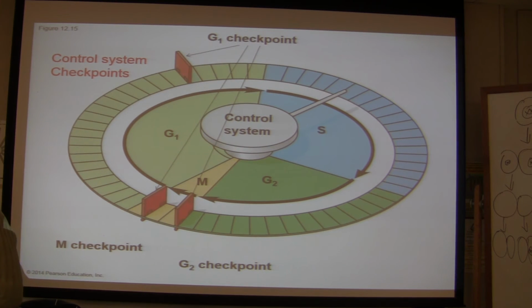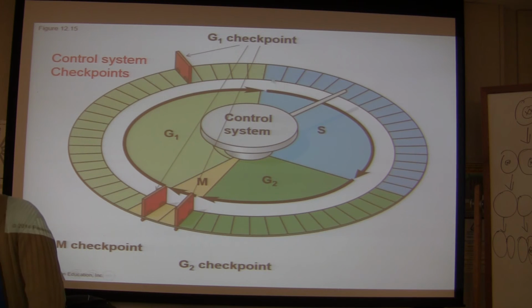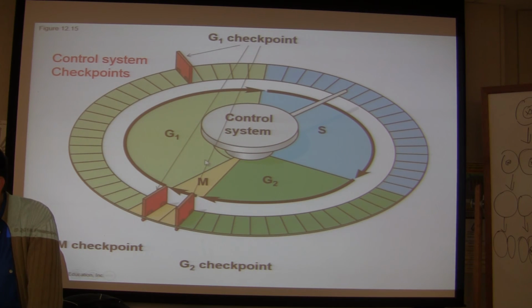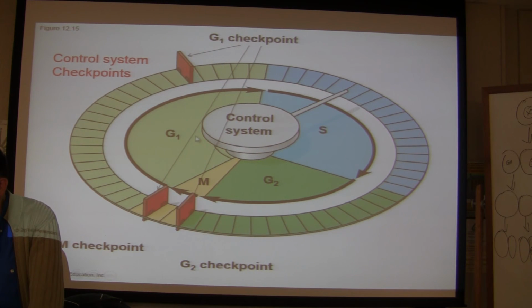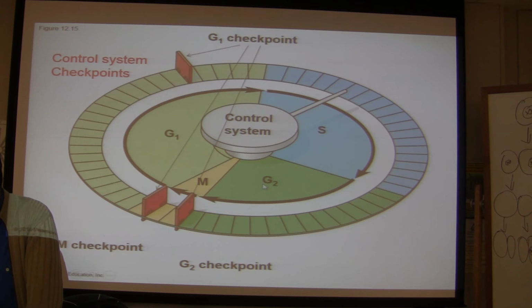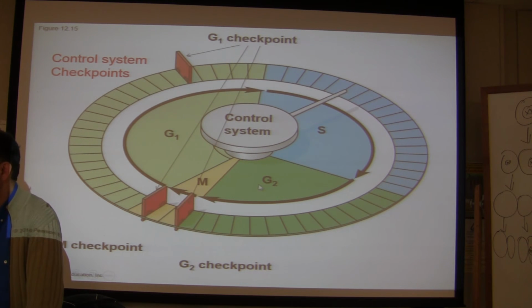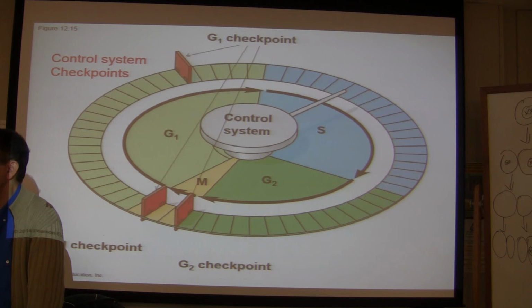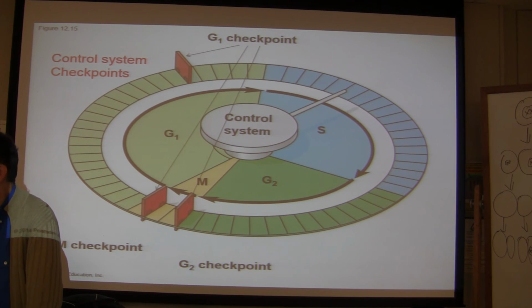Yes? So with G1, interphase, what's G2? G1, S, and G2 are all portions of interphase. Did I answer your question? Interphase is broken down into three stages: G1, S, and G2. During G1 and G2, material like the Golgi apparatus and mitochondria start dividing. They become two of each.